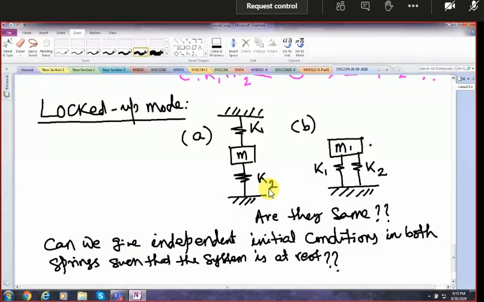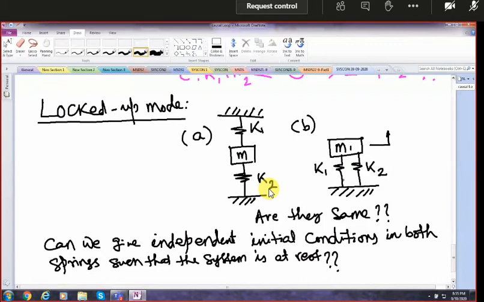Suppose I move it somewhere. So what happens? Both will have the same deflection. This one will be compressed or one will be under tension, is it not?